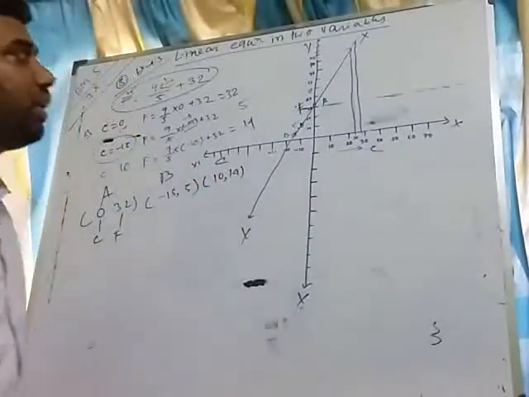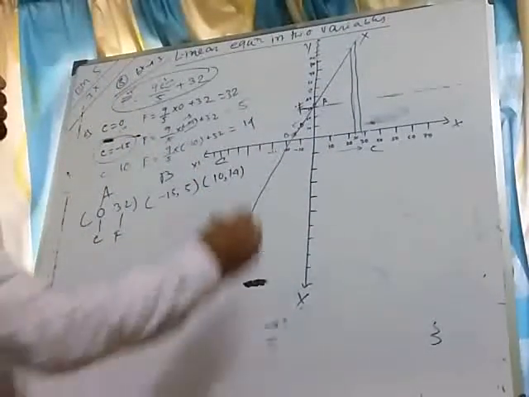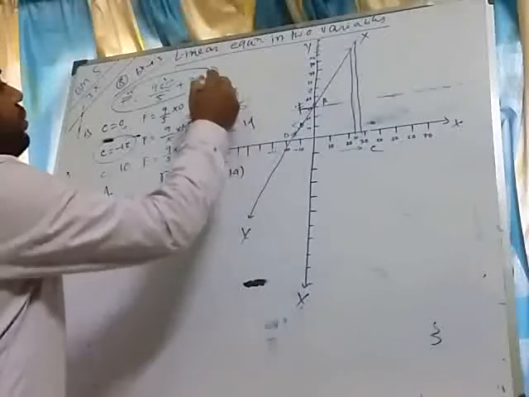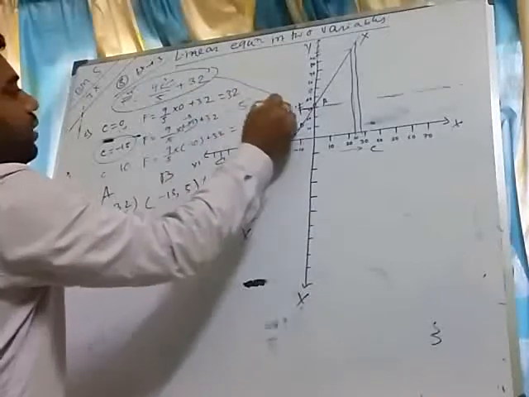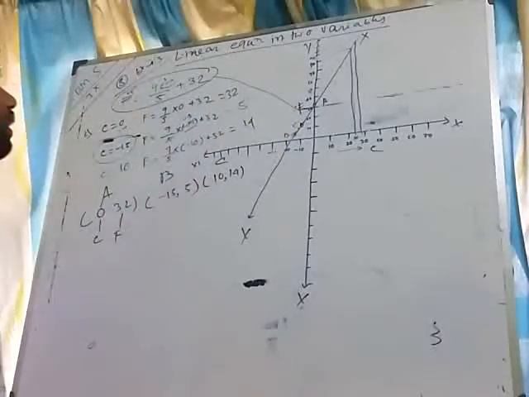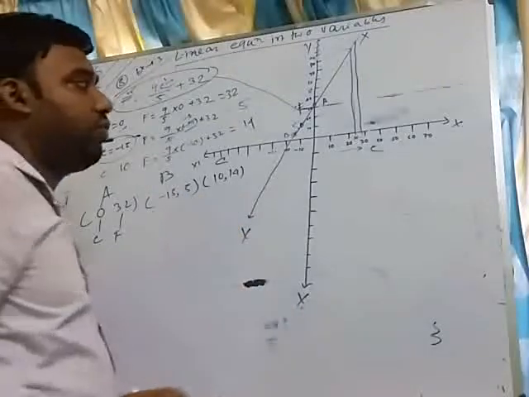So XY is the line which represents the equation F equal to 9C by 5 plus 32. That is the graph.